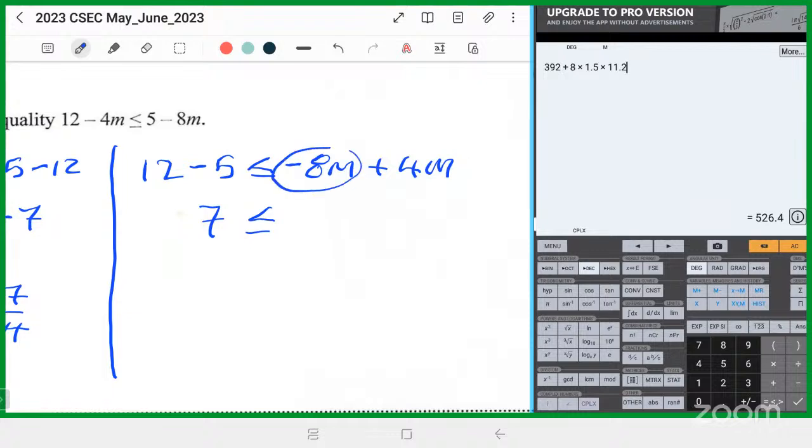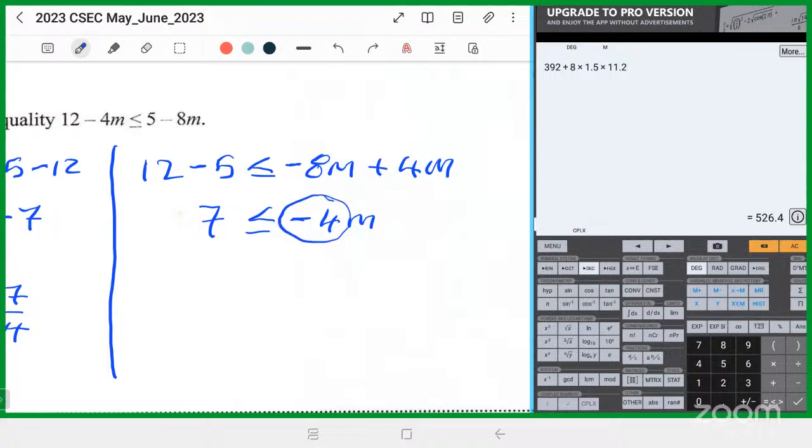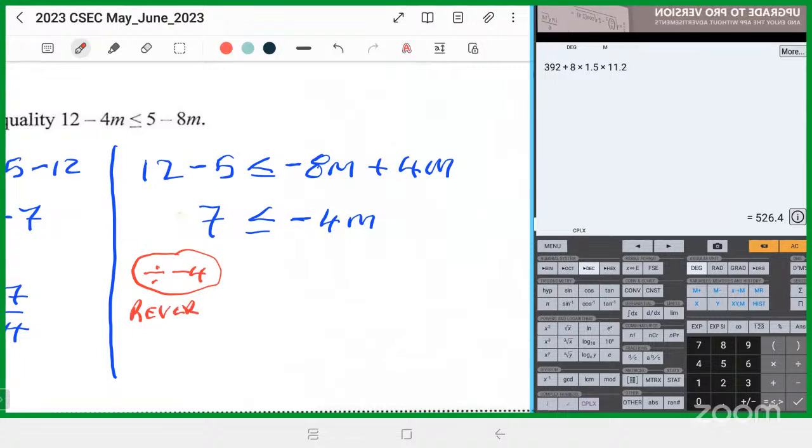So minus 8M plus 4M becomes negative 4M. To make M alone on that side, I now need to divide away the negative 4. This is a situation of dividing with a negative number. So I'm going to divide both sides by negative 4, but because I'm dividing with a negative number, I have to remember to reverse that less than or equal to sign.